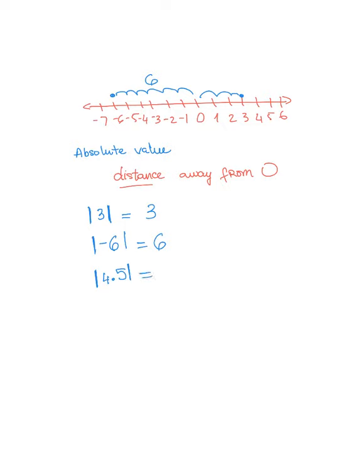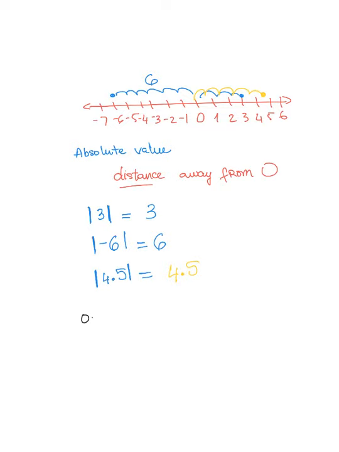Okay, so this is 4.5 and the distance away from 0 is 4.5. Okay, so distance is never negative. All right, so that is absolute value.